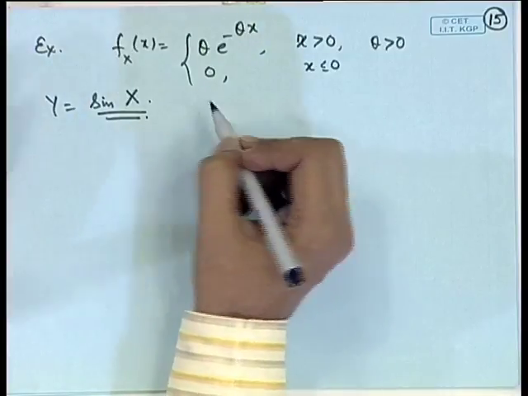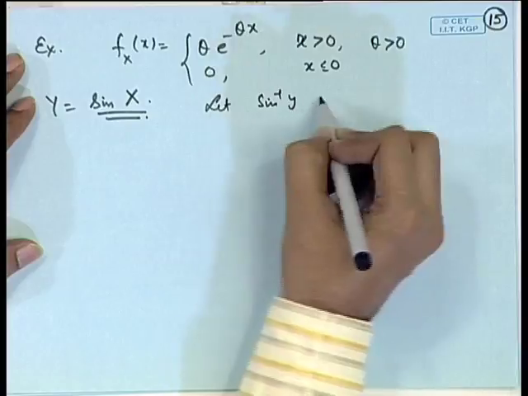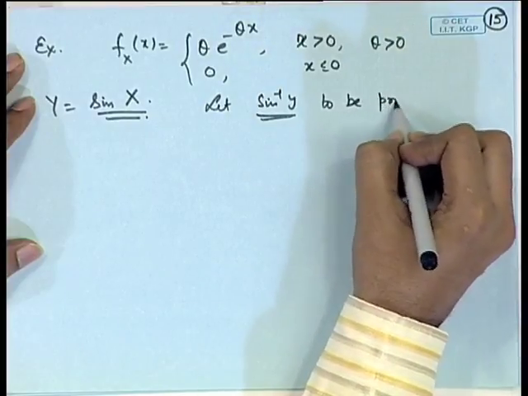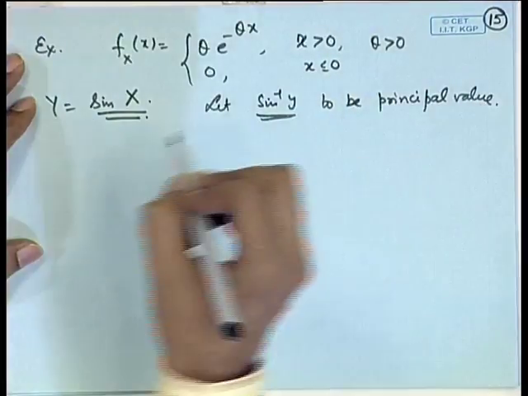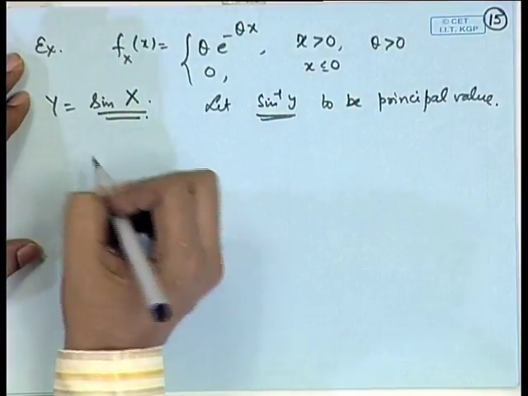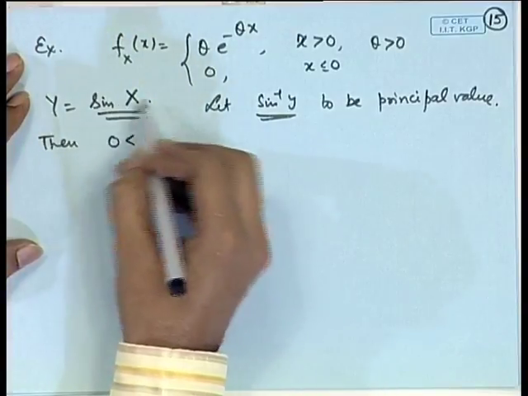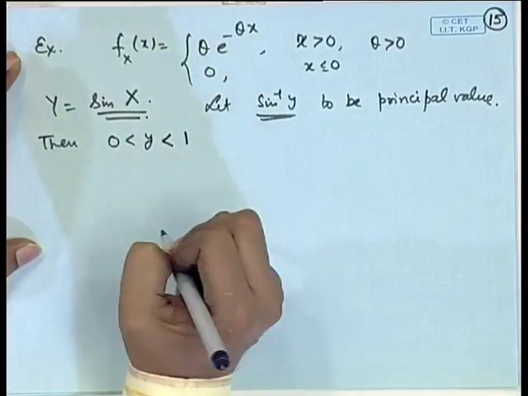So, we consider sine inverse y to be the principal value. So, we consider two cases, because sine lies between minus 1 to 1. So, we consider case 0 to 1 and minus 1 to 0.